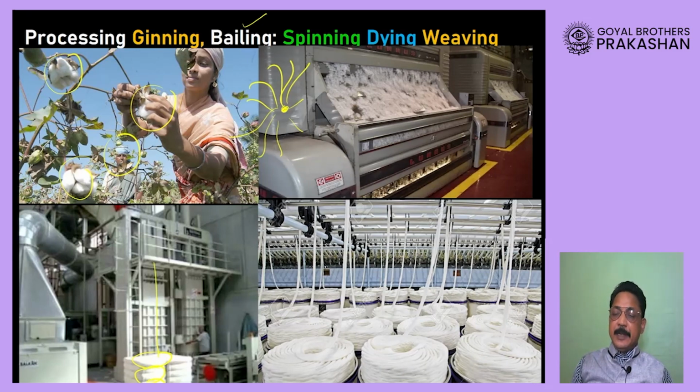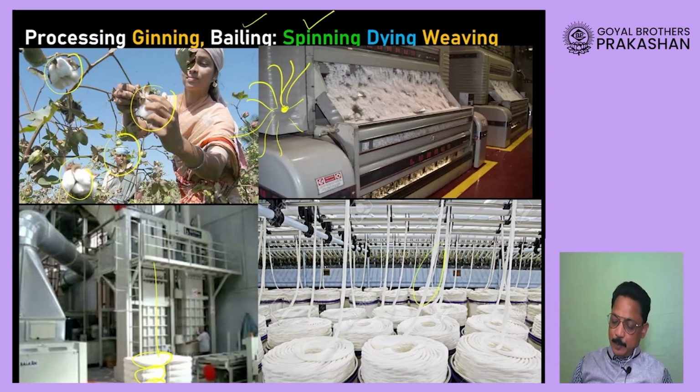Those sheets can be taken to the factory for further process. So that process, dear student, where the cotton fiber are pressed, we call it by the name baling. After baling is done, those cotton fibers are put together and converted into thread. We call this process by the name spinning process.